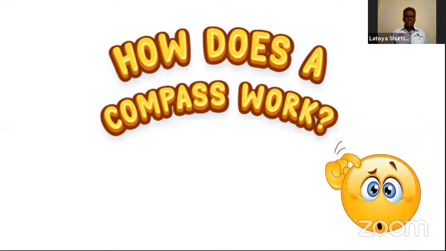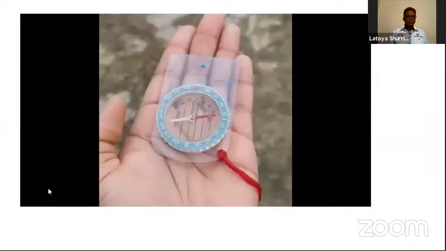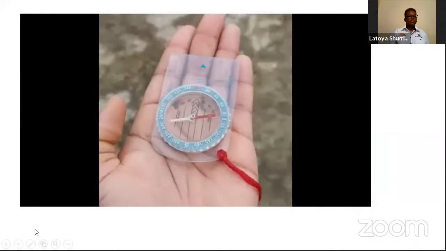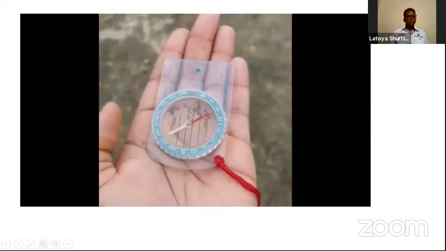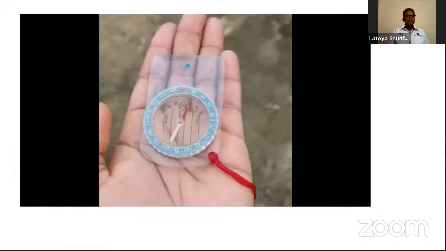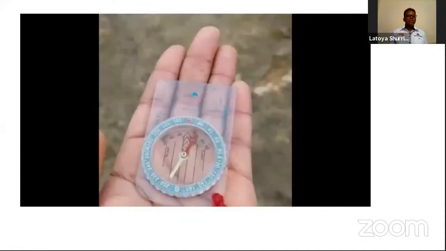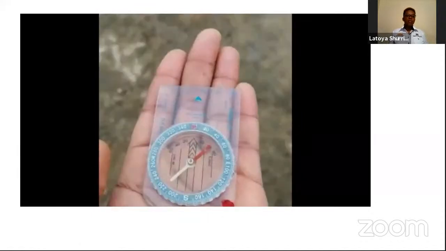But how does this compass thing work? How does a compass work? I'm going to show you a video of how the compass actually works. So on screen, you're seeing somebody with a compass in their hand moving around.